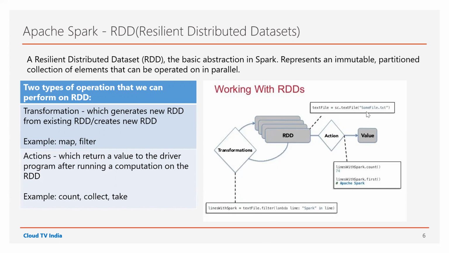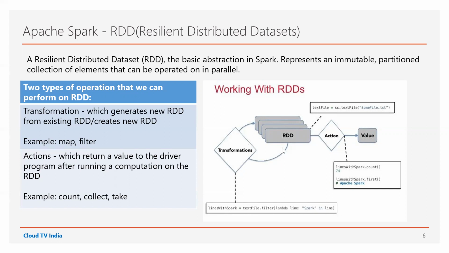Whatever the content in the text file, that will become an RDD. So this text file will be an RDD. Then you can apply a transformation, for example a filter transformation. You are applying a function here, and this function will return a set of values. That is actually another RDD.